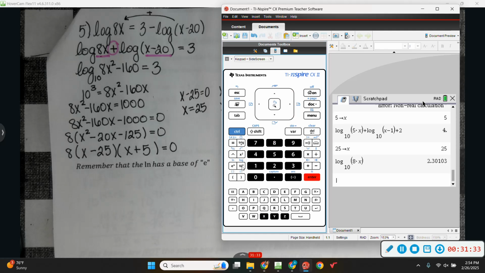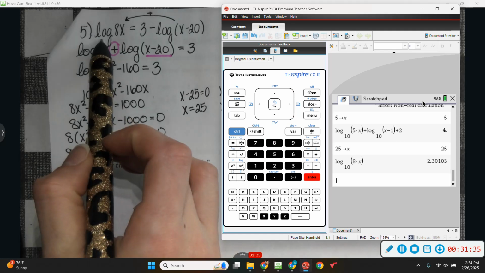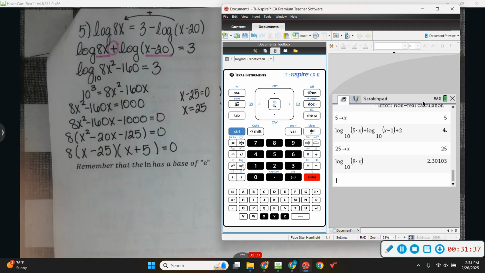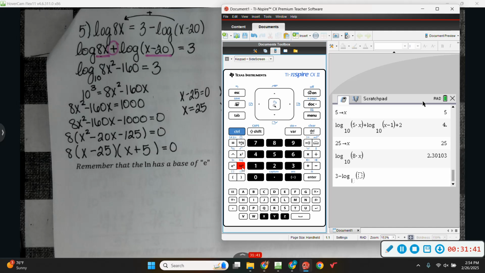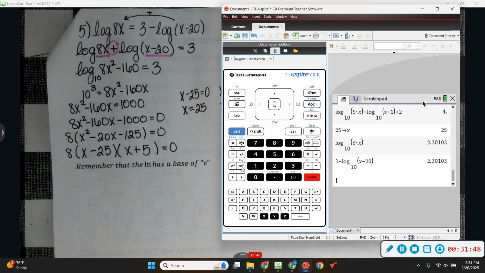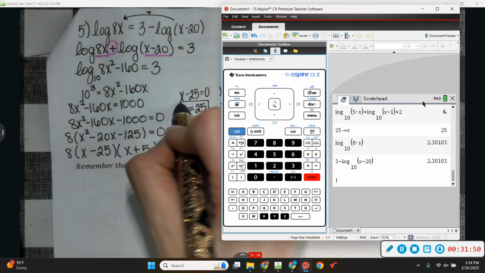That gives me that value. So the left side is 2.30103. The right side, 3 minus, do your control log, 10, x minus 20, gives me the same value, so x equals 25 is good.